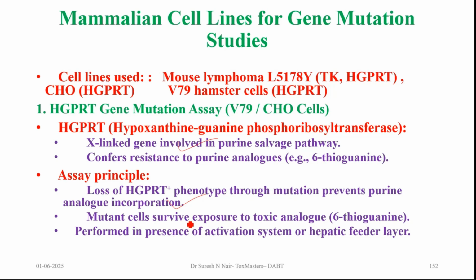It can be performed with the presence of an activation system or a hepatic feeder layer, so there will be metabolic activation. The precarcinogen also can be activated or tested for the activity of carcinogenesis by this method.